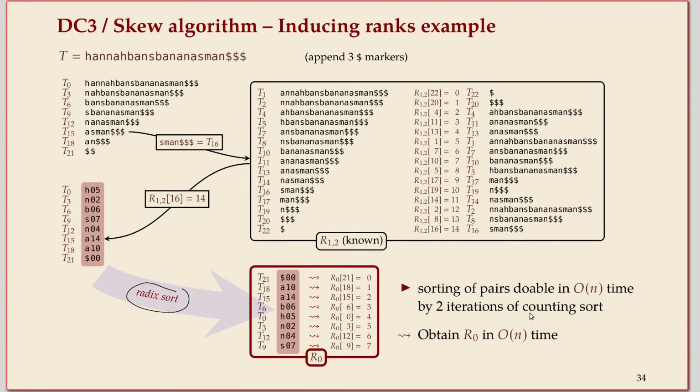The important thing is it's built on counting sort, like we've discussed it in Unit 3. And with that, we can sort these pairs, first character, rank, in linear time. So we obtain the ranks for all the suffixes that start at a multiple of 3 in linear time. And that was step 2. So step 2 of the skew algorithm takes linear time.